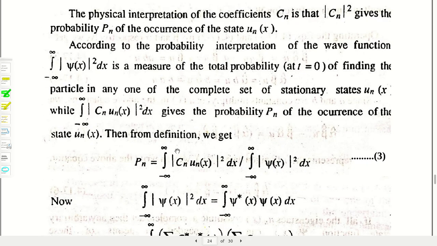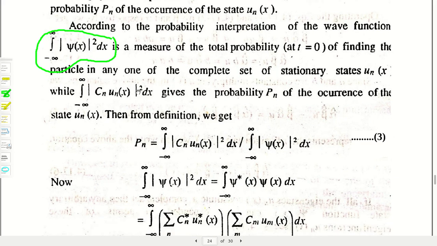How we can measure the probability: we know the probability interpretation of the wave function. According to the Max Born interpretation, this is the probability of finding the particle in whole space from minus infinity to plus infinity if psi is the wave function of the system. Then we wish to find the probability of occurrence of the wave function un x.